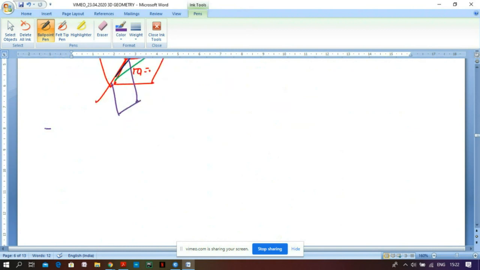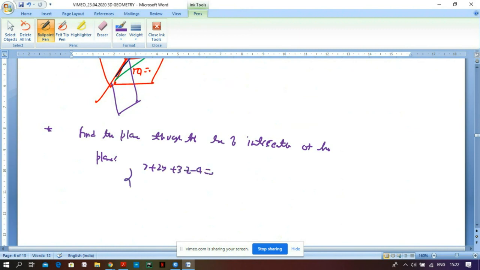Suppose I set a problem: find the plane through the line of intersection of the planes x + 2y + 3z - 4 = 0 and 2x + y - z + 5 = 0, and perpendicular to the plane 5x + 3y + 6z + 18 = 0.